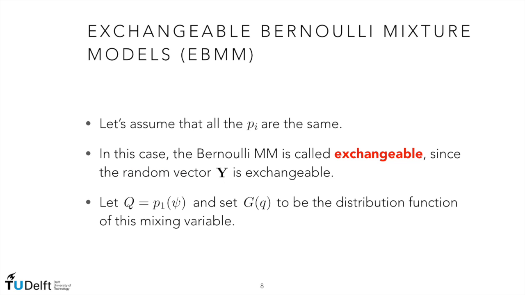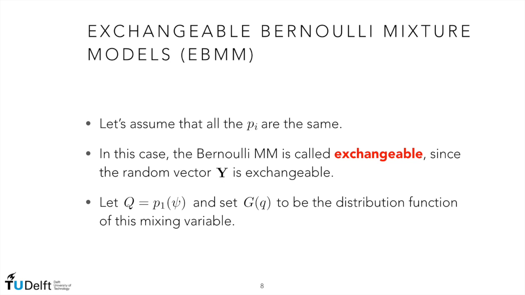Let's assume that all the probabilities of default are the same for all counterparties. In this case, the Bernoulli mixture model is called exchangeable, since the random vector Y is exchangeable. In other words, the joint distribution of Y is immune to permutations of the elements in Y. Let Q be the probability of default of whatever counterparty, say the first one.